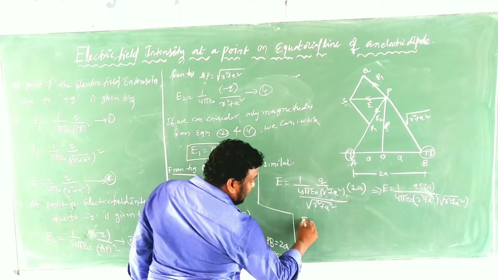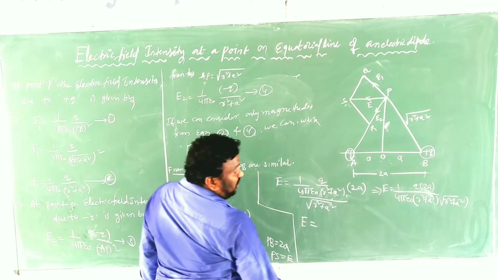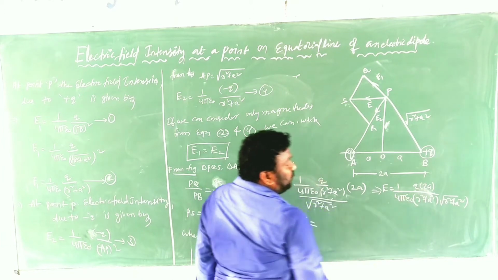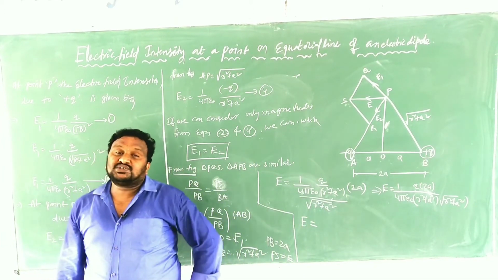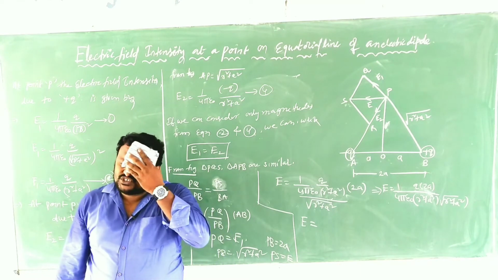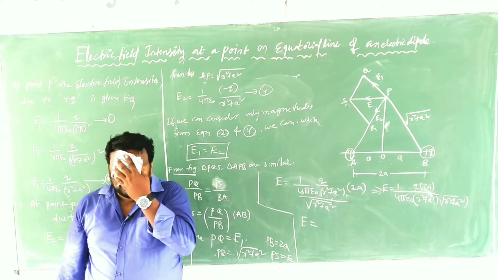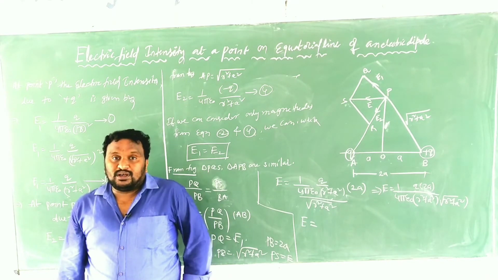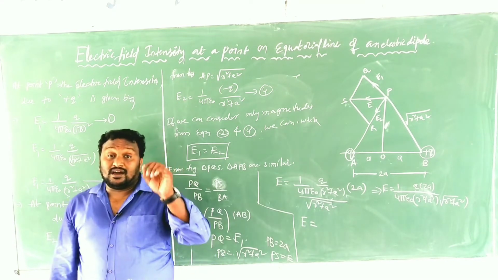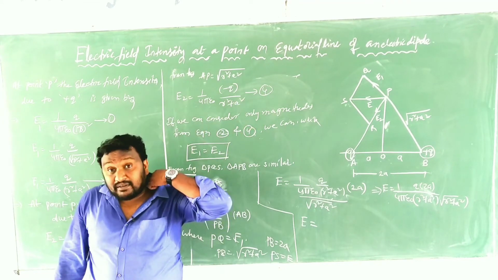Already we know Q into 2A: what is Q? Magnitude of charge of a dipole. And what is 2A? Length of the dipole.